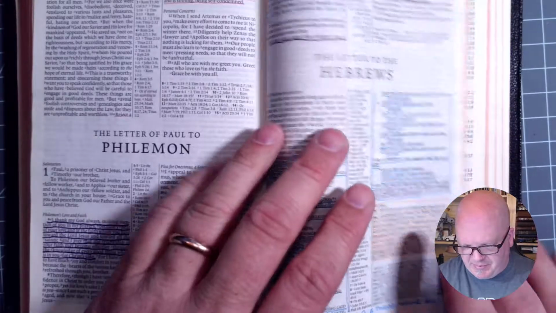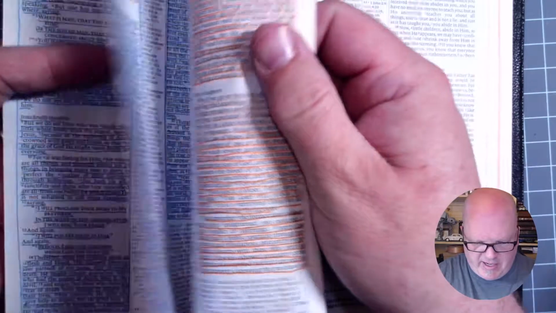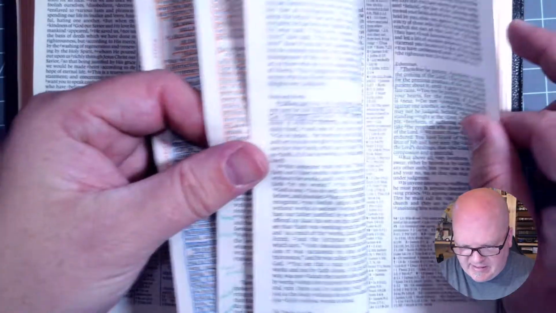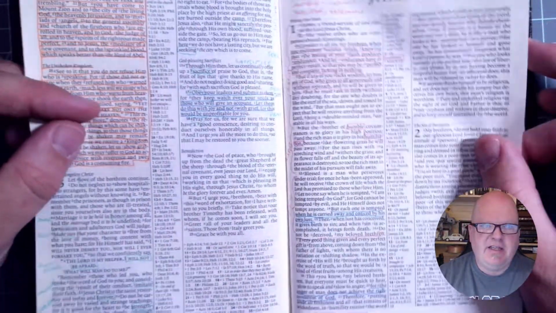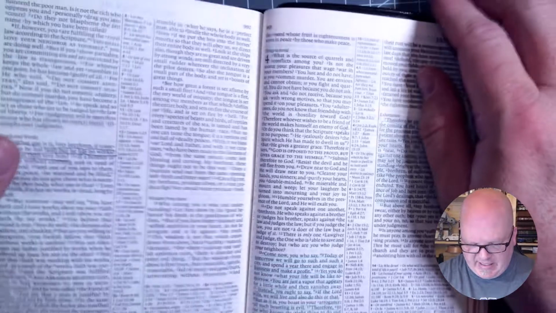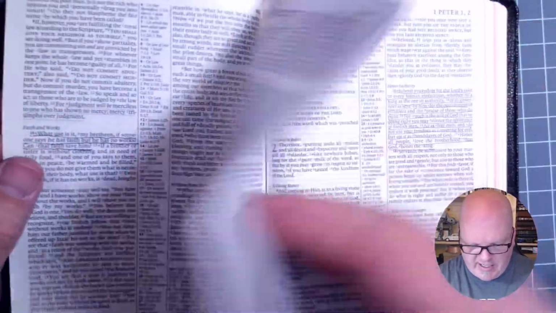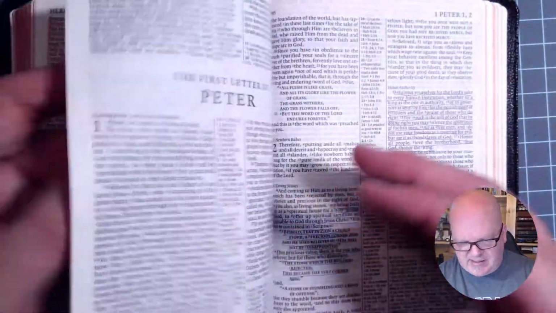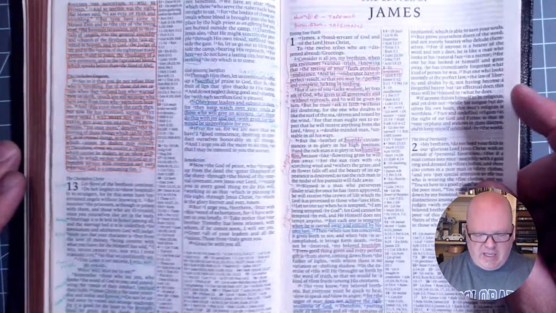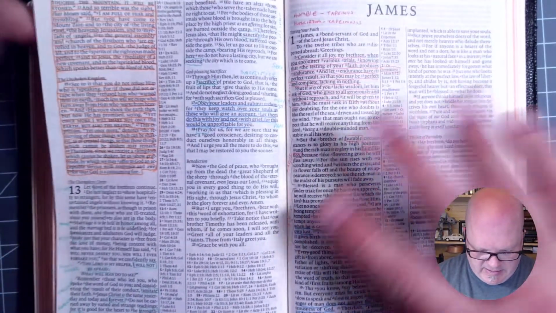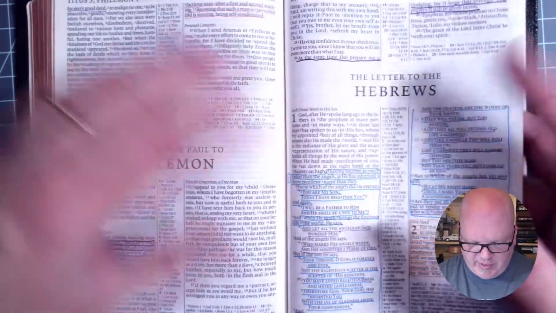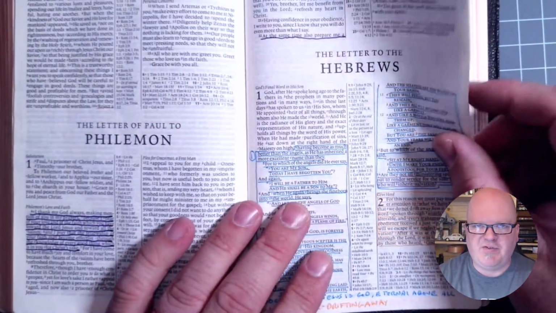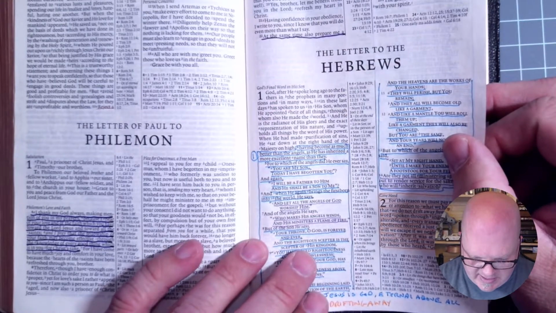I've heard people refer to James as that, which is located almost in the same place here. James is very abbreviated, very short. In this copy, it's not even 3.5 pages long. But in the book of Hebrews, we get into a lot of the meat of the faith, a lot of the deep thinking.